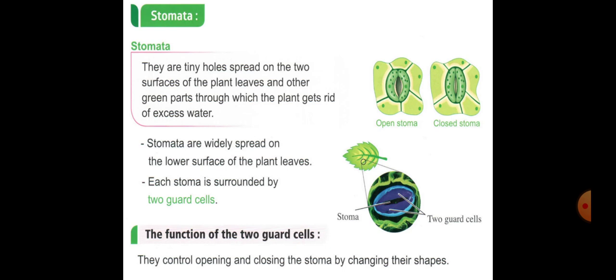So the stoma may be closed or open, according to the two guard cells, which change their shape to open and close the stoma.